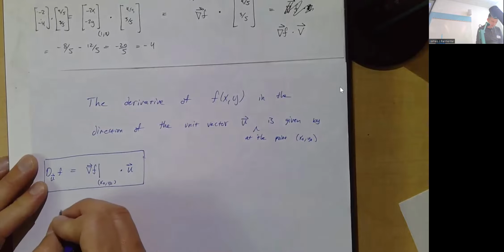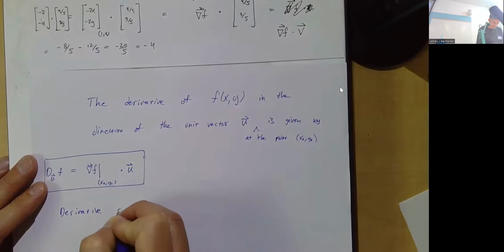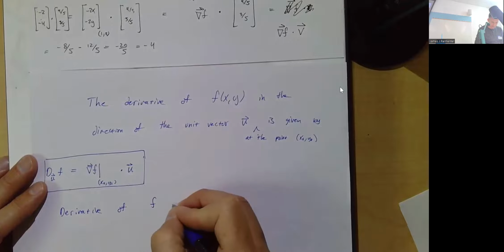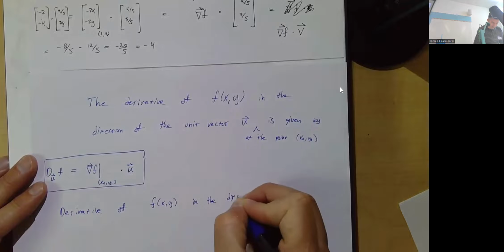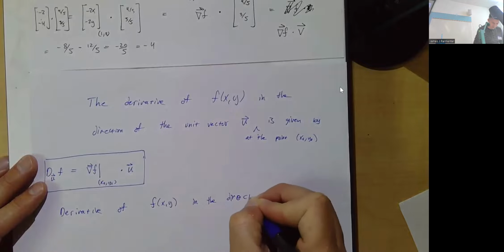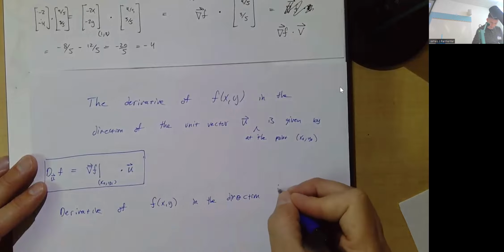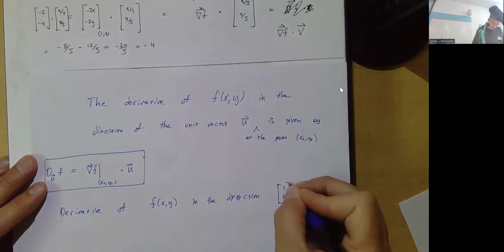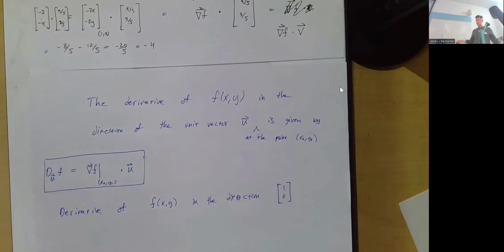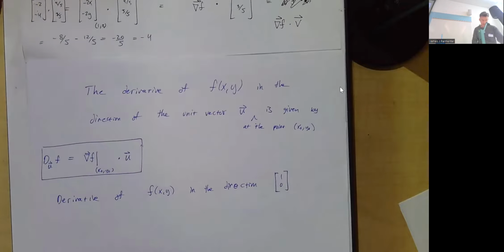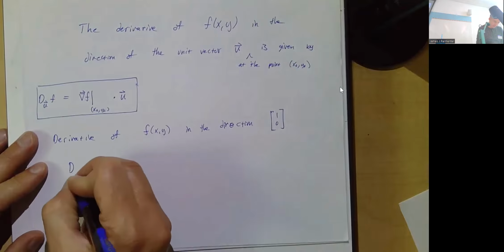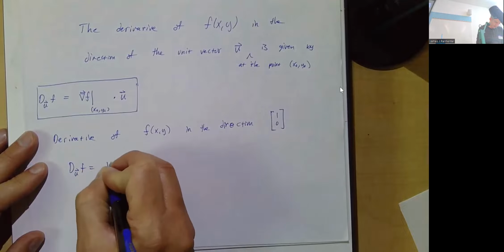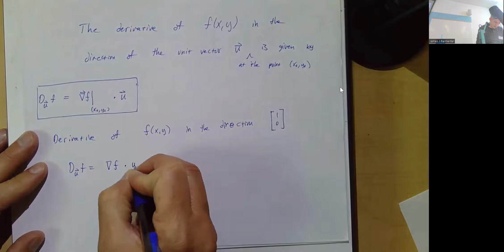So for example, if I find the derivative of f of x, y in the direction (1, 0), which is a unit vector, a vector of length 1 in the x direction, look what you get. It's going to equal the gradient of f dotted with the vector u.